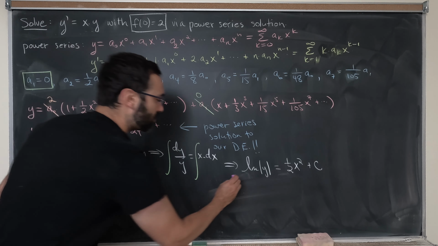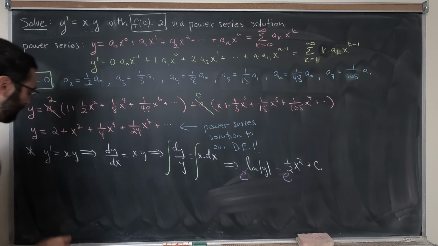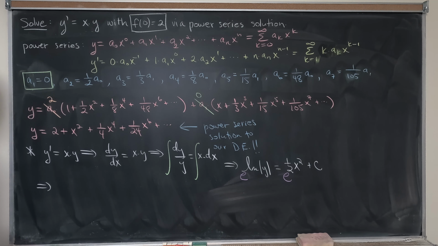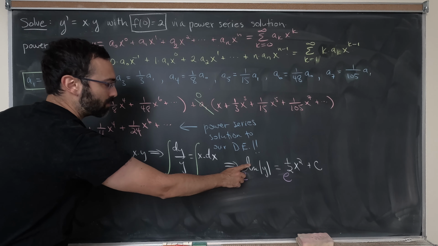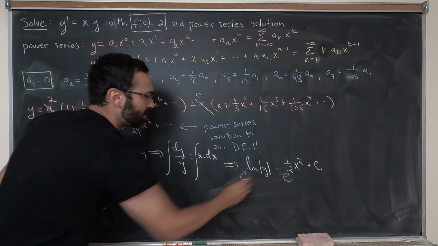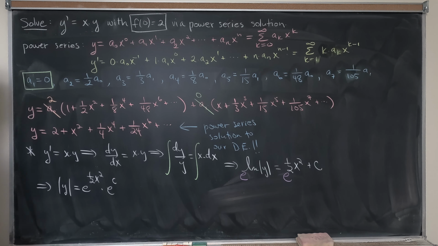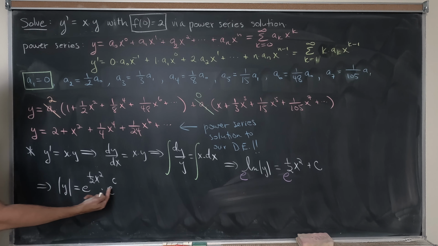If we take a power of e on both sides, then what we obtain next is the following. e to the power of ln of an argument is the argument. And over here, what we can write is e to the power half x squared times e to the power c. Multiplying these powers, since they have the same base, these exponents would add.